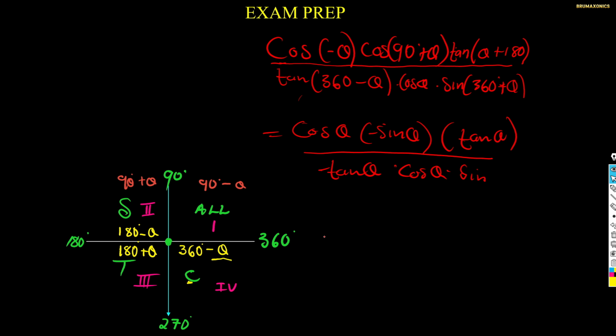Now we can check the division: tan will cancel tan, sine will cancel sine, cos will cancel cos, so everything will be cancelled, and we only have two negatives. Negative here and negative here, so negative divided by negative will give us positive, so this will be positive 1.